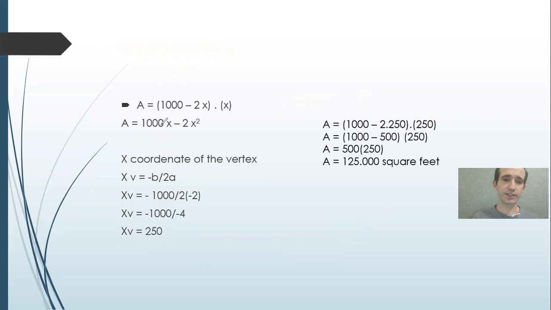Originally we have the area 1000 minus 2 times x, times x. We can replace the x by the value that we got as a result.